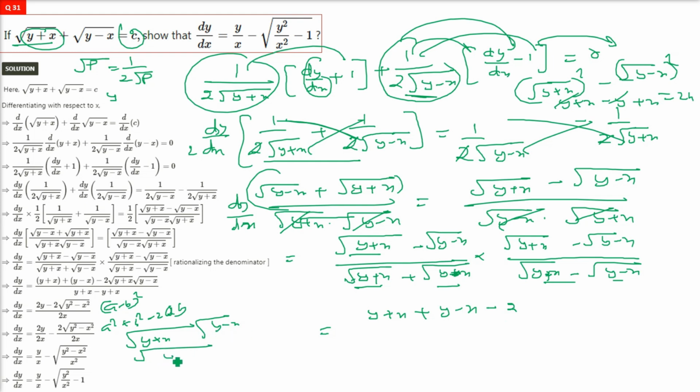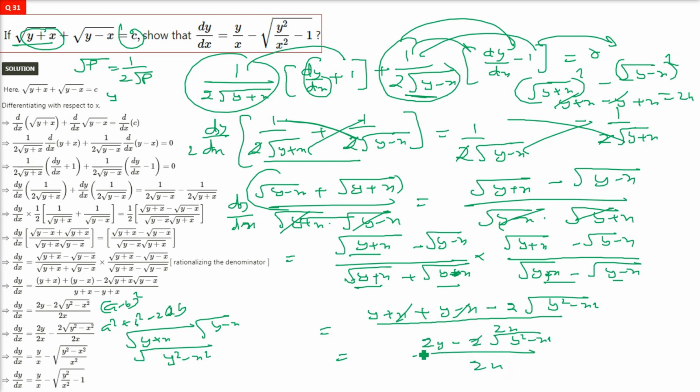So you have under root y square minus x square. Now here 2x is already there in the denominator. Y will be 2y minus twice of under root y square minus x square, divided by 2x.